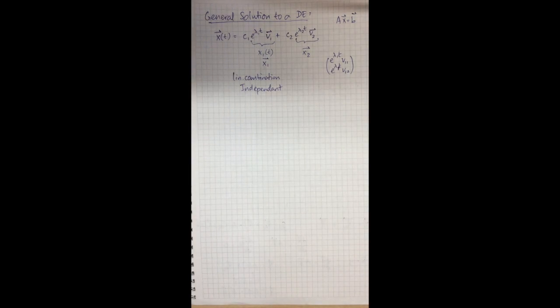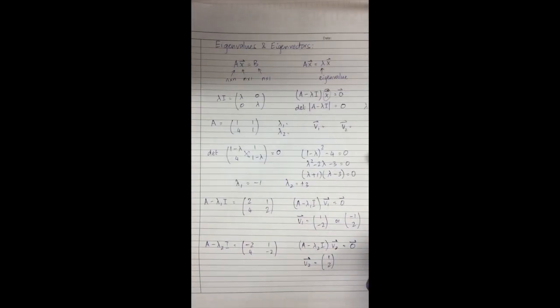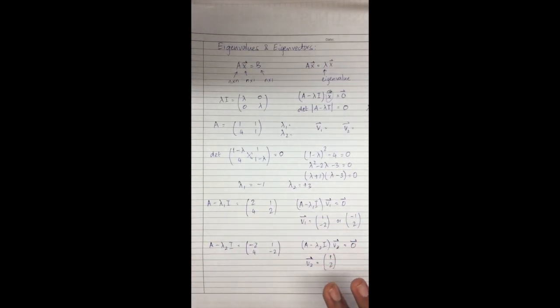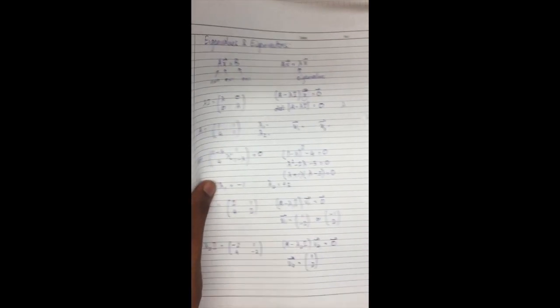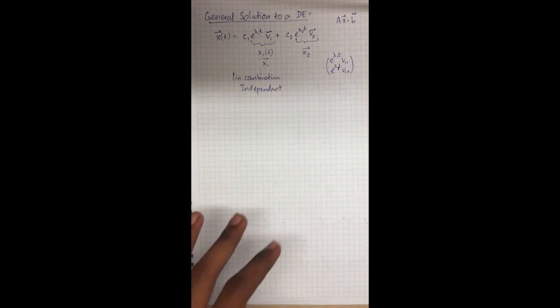I'll bring it up again. So in this example, we multiplied it by -1. Remember, these two are dependent, so they are still considered the same eigenvector, and you can't say that this is a different eigenvector from that.